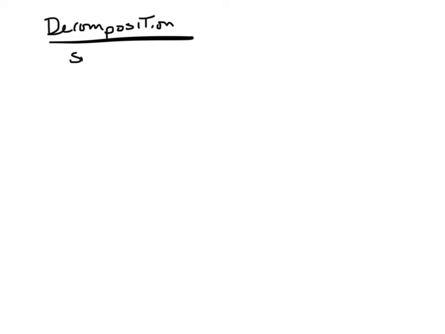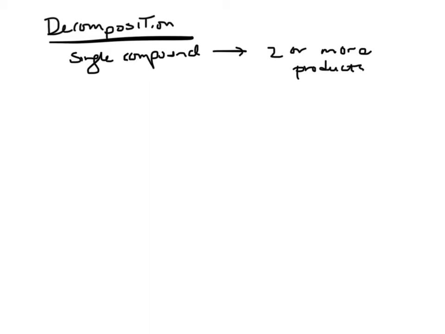This is when a single compound in the reactant side decomposes and makes 2 or more products. Good examples of this would be water decomposing to form hydrogen and oxygen.